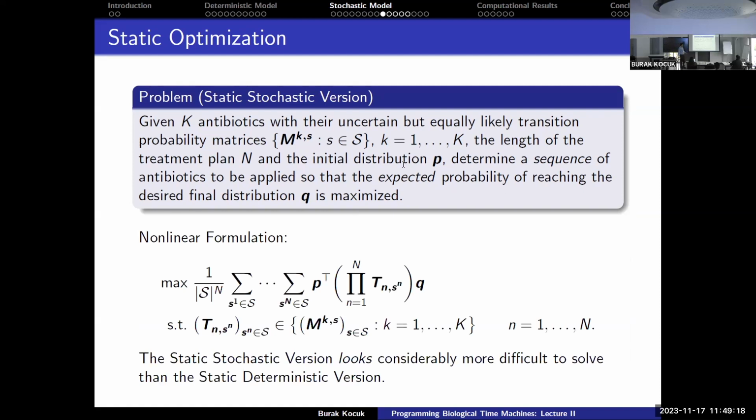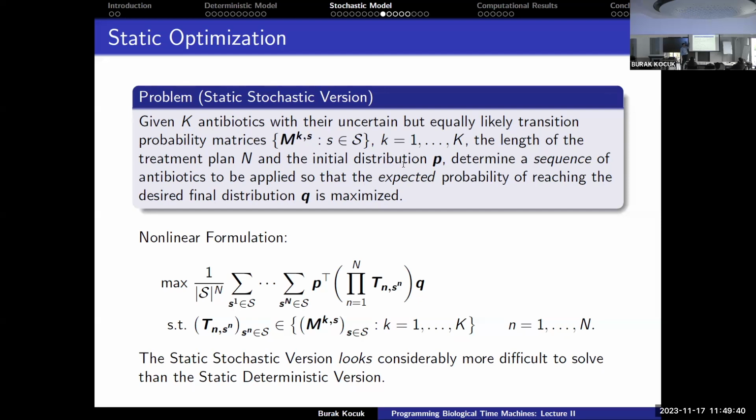Okay. Now, here is a horrible, even for me, this is a horrible optimization. So you have to make decisions, but once you make a decision, once you select an antibiotic, all its family comes. Okay? You don't simply select a matrix.